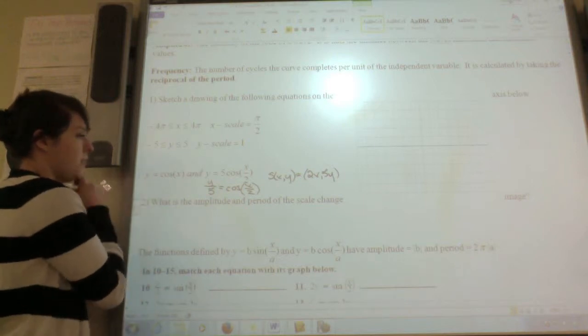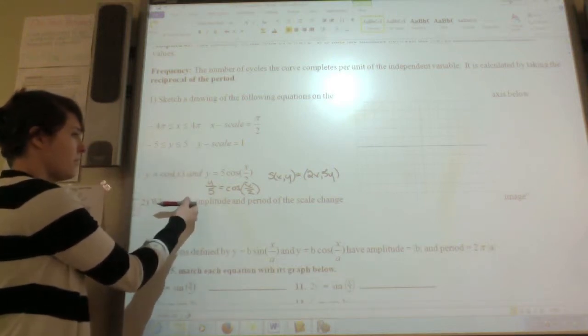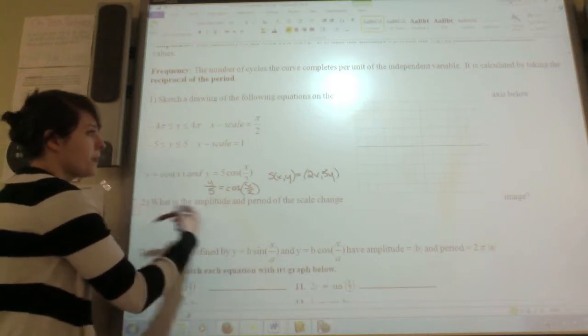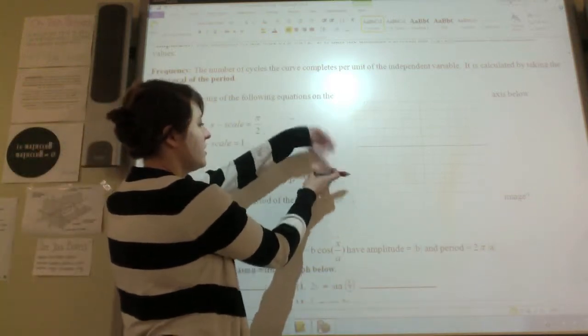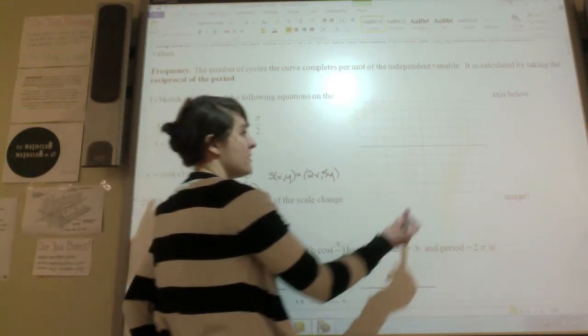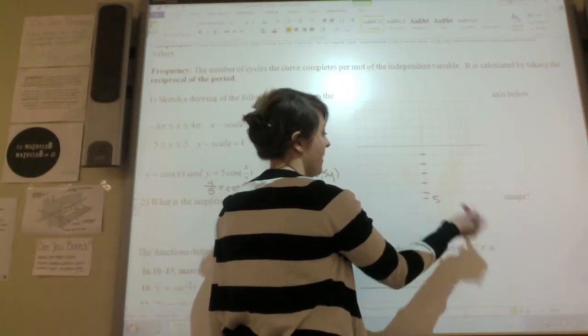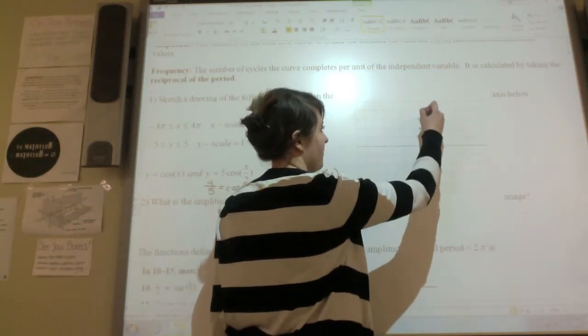So normally for my cosine graph, I have a minimum at -1 and a maximum at 1. In this case, I'm stretching my minimum and maximum by 5, so I'm going to have my minimum at -5 and my maximum at 5.